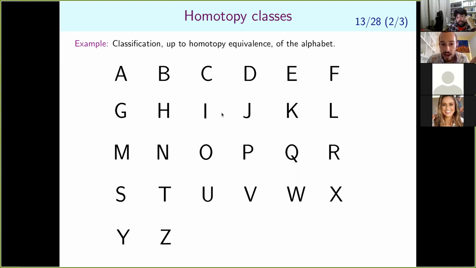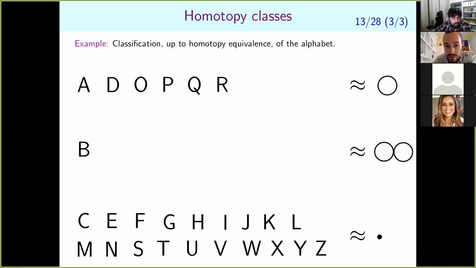For instance, the I, this is an interval, it retracts on a point. And the point is not a circle, homotopy-wise. And there is a lot of other letters that are equivalent to a point here. And there is actually a third class, which is represented here.